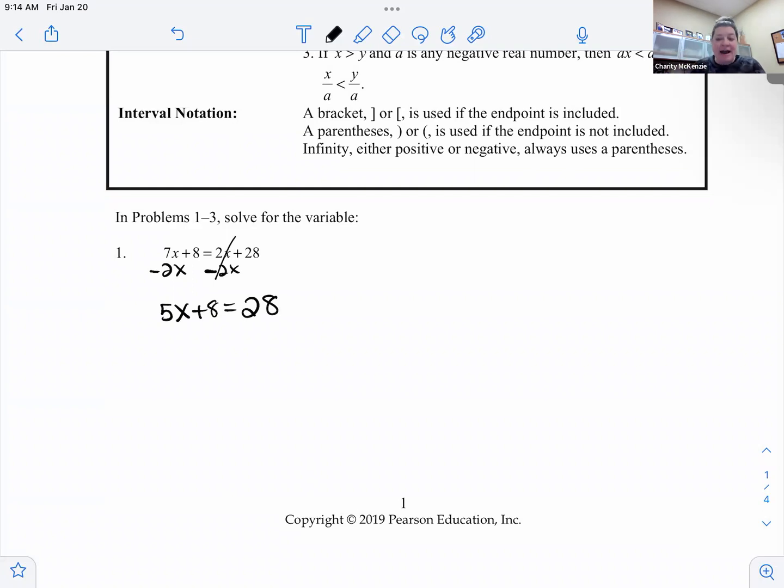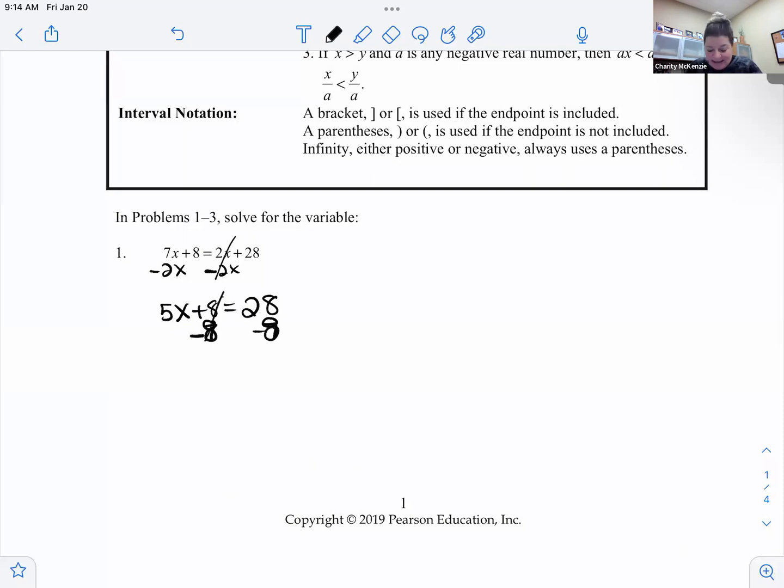Then from here, I only have one variable, so I have to get rid of the 8 and the 5. The 8 first, because it's added outside. So I do the opposite again because I need to move it to the other side of the equal sign so that they go away here. Oh, I wrote 7. I caught it when I went to make them go to 0, and that doesn't make 0.